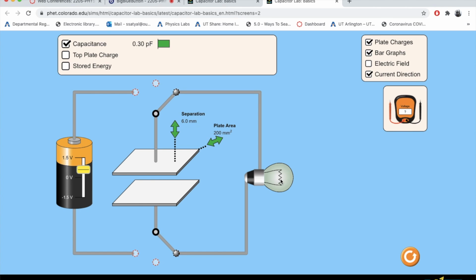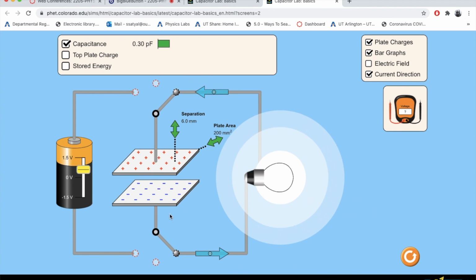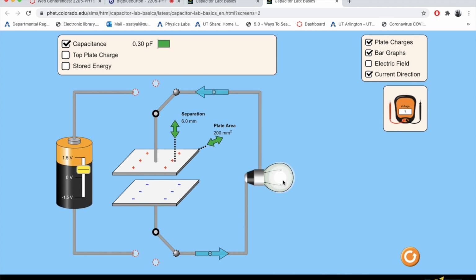Currently it has a finite amount of charge. So when all the charges are used up, the light goes off. First it glows very bright because there are many charges stored here, and as the energy dissipates or the charges decrease, the light bulb goes off.